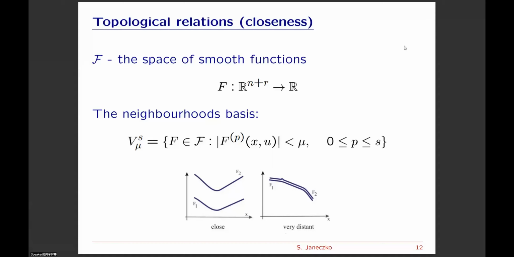If you want to find a neighborhood, the derivatives here are huge. So this function is very far from this function. Of course, the values are close, but the derivatives are very far away.